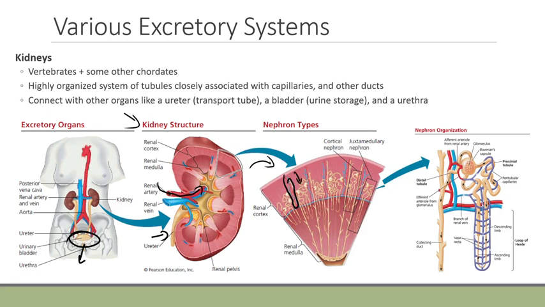These structures in yellow are going to be called nephrons that are going to do all of those different filter, secrete, reabsorb steps that we were looking at. Eventually it produces urine that is going to collect in a larger structure here that then gets to go out through that ureter to transport it to the bladder to then get out. And we'll look at all of these different pieces here as we move on.